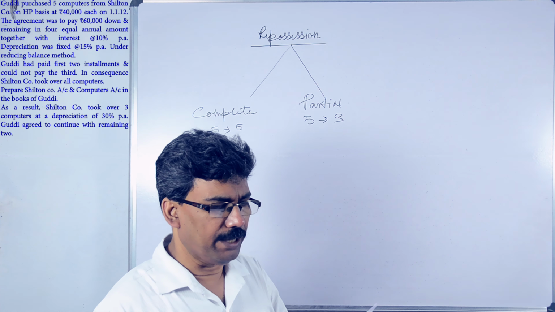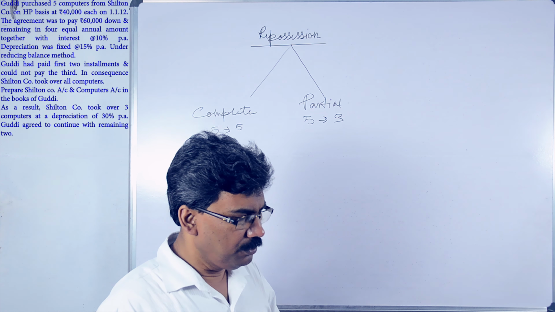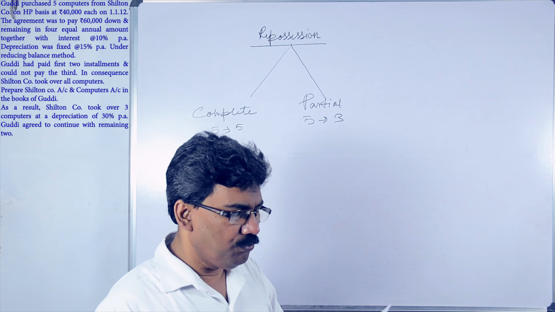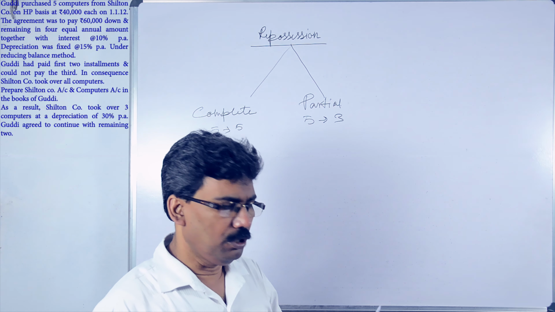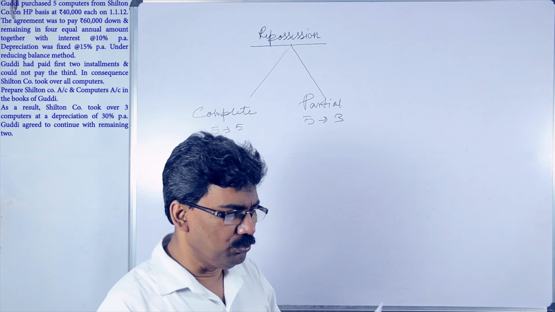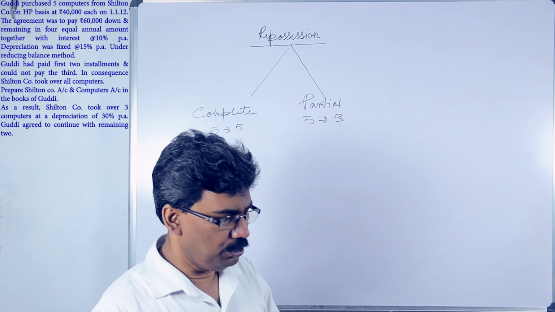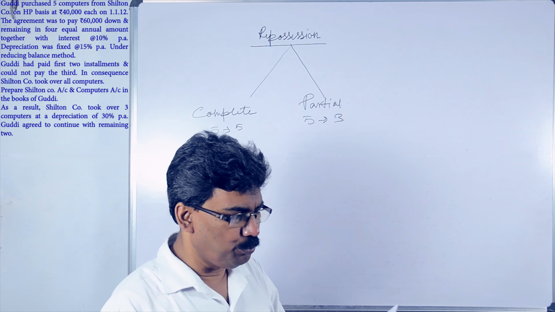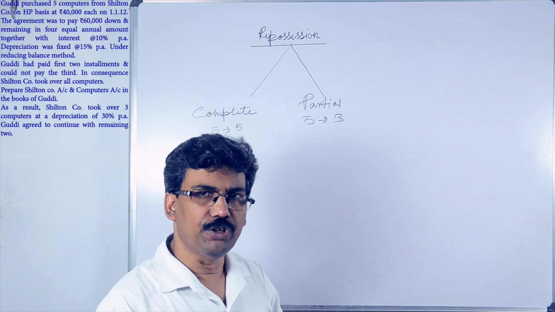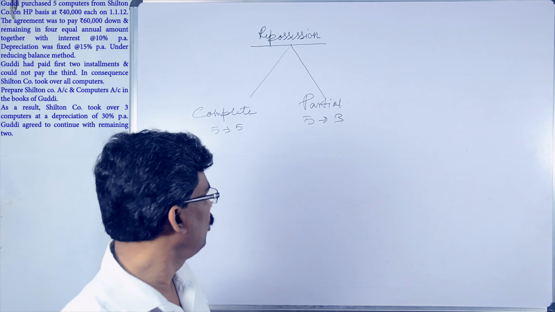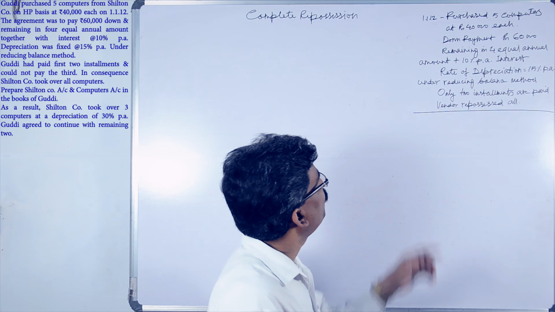Depreciation was fixed at 15% per annum under the reducing balance method. Gooddeep had paid the first 2 installments. Out of 4 installments to be paid, Gooddeep could pay only 2 and could not pay the third. In consequence, Shilton Company took over all computers. As all computers are taken over, it is called complete repossession.